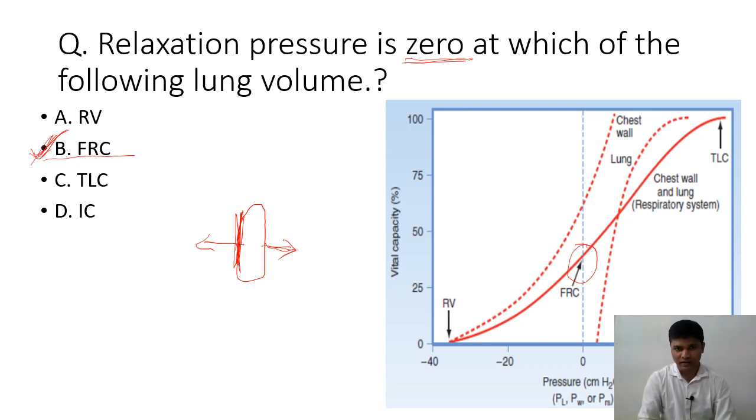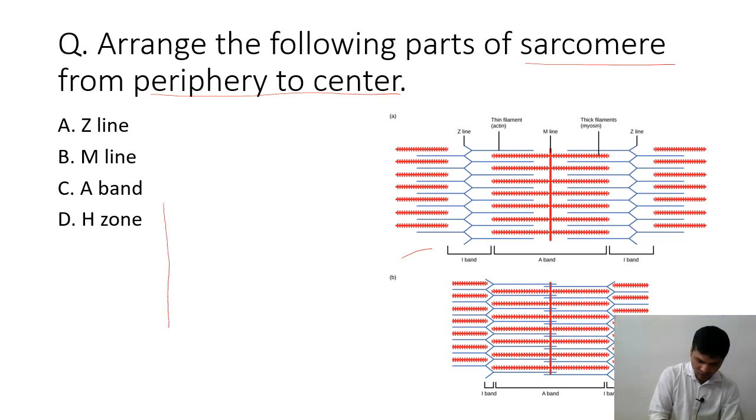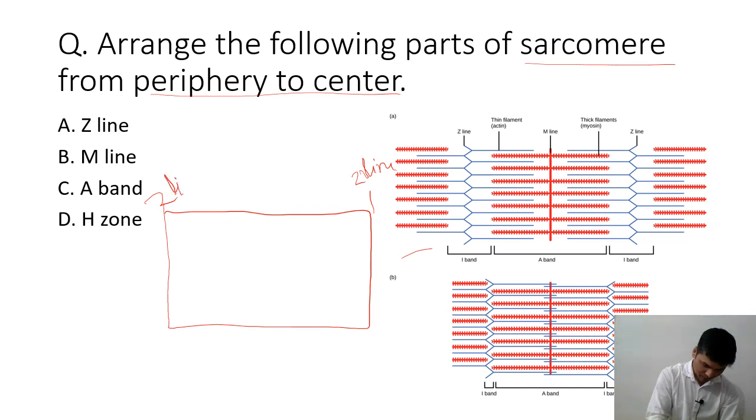So let's move to the second question. Arrange the following parts of the sarcomere from periphery to center. I have already given one picture here, but let me draw one. Suppose this is one sarcomere, and obviously you know that this is the Z line, and the thin filament is here.